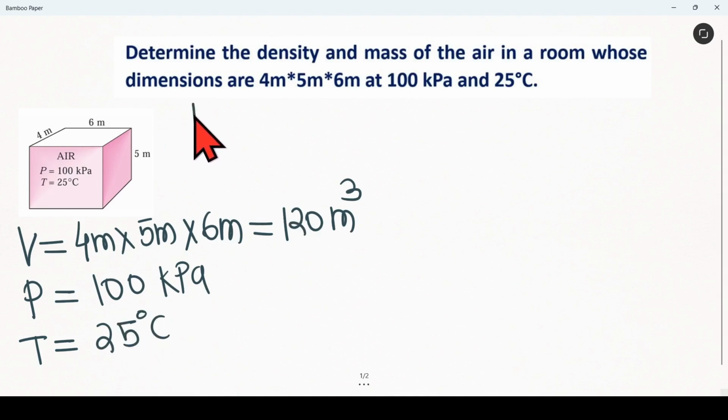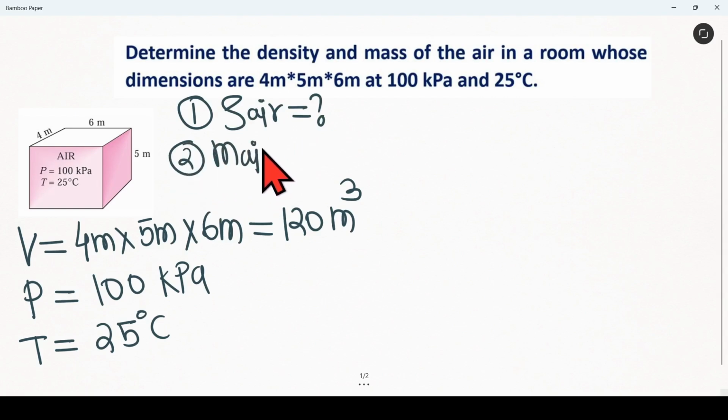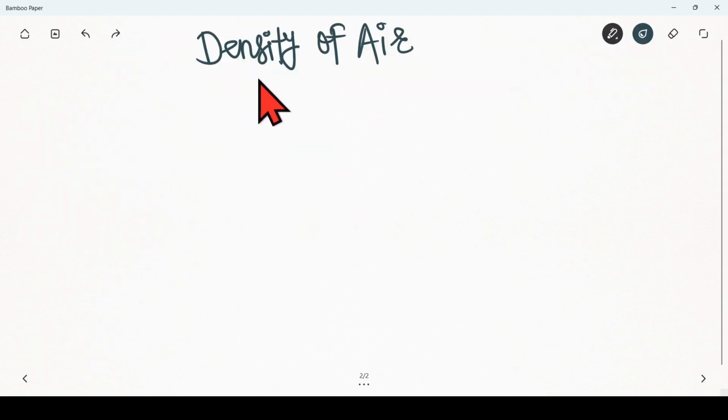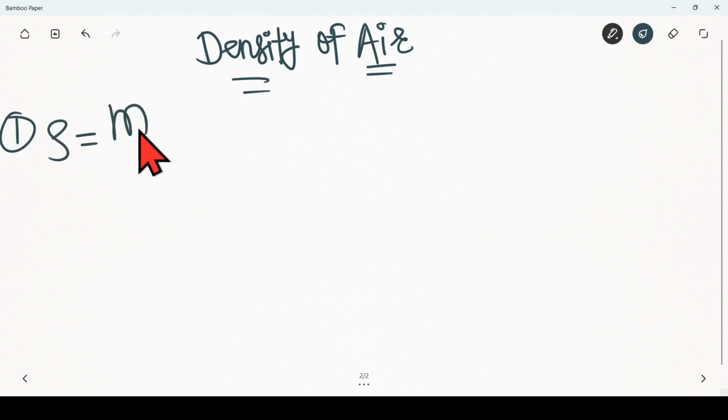There are two things that we are interested in: density of the air inside this room, and second, mass of the air inside this room. So now let's see how we can calculate density of the air. So density is equal to mass per unit volume.